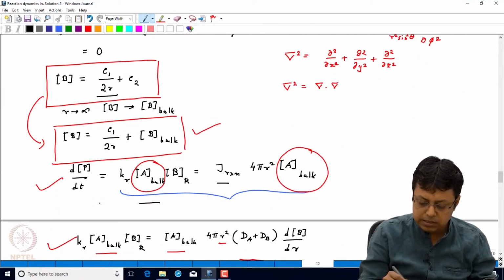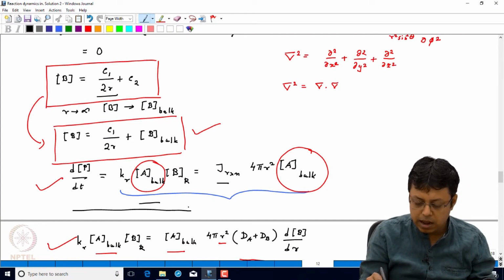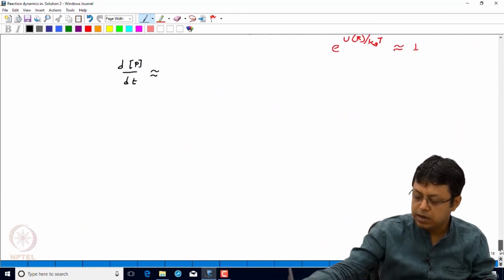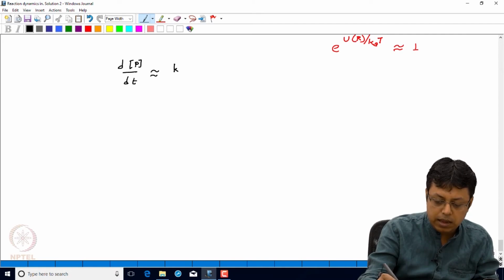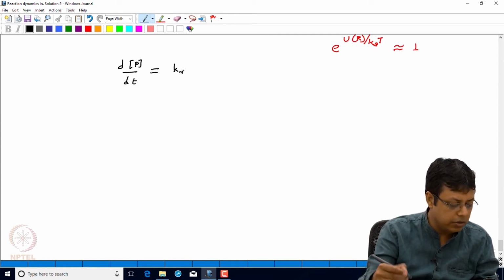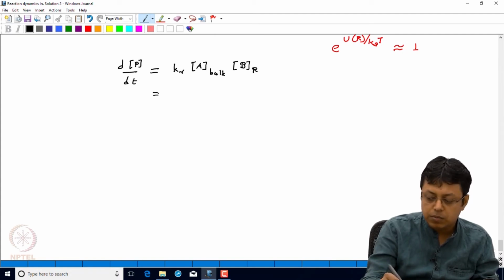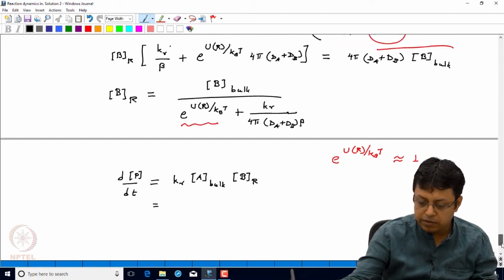It was Kr times A bulk into B at r. So let us just write it, it is Kr. Up to this point, this is the exact thing. So this is K under diffusion limited rate. So we are going to approximate it again. So Kr into A bulk times B at a position R. So B at a position R, that's what we have evaluated.